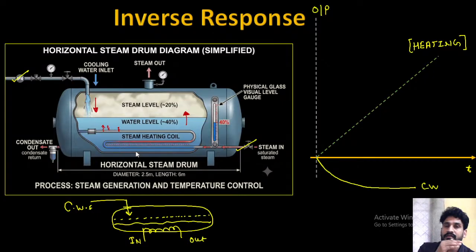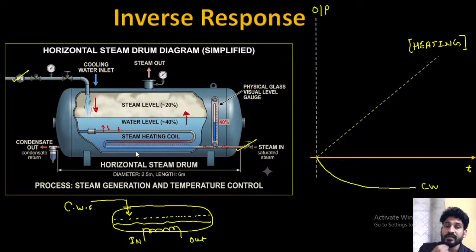Just see: when the cooling water is coming into the system, initially condensation will be more, because more and more cooling water will come into the system. So at the first stage, my steam level will decrease.